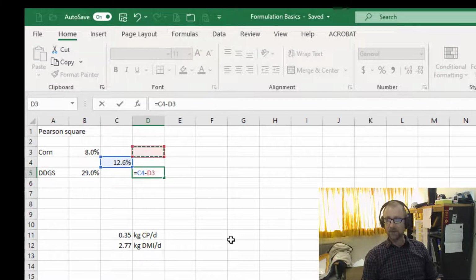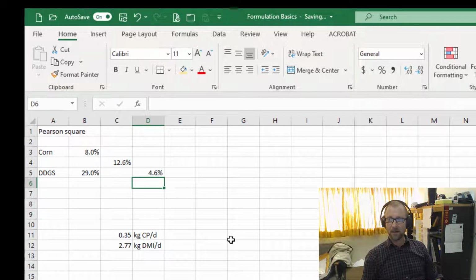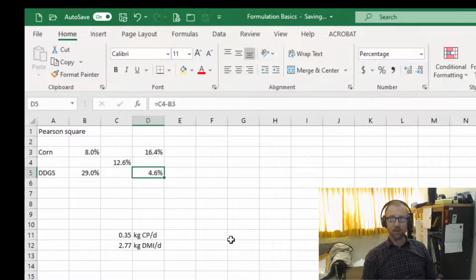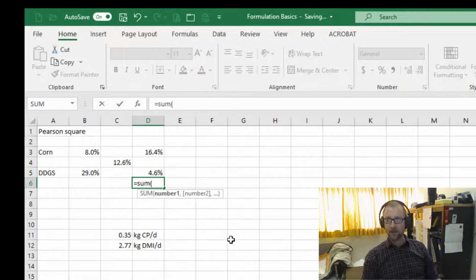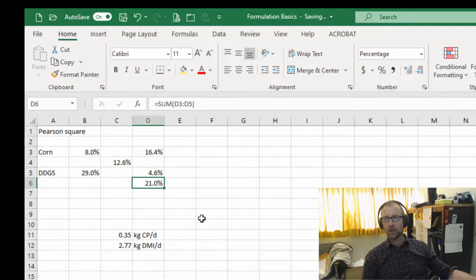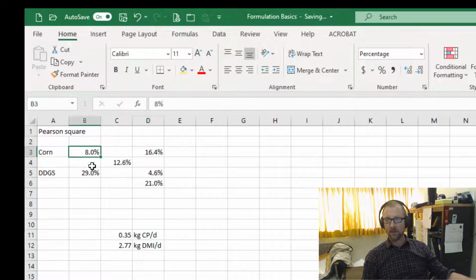And the number for up here is going to be 29 minus 12.6. And so we get these two proportions, these two amounts. What we can do then is add those two amounts up, and I get 21. Just as a quick little check, this 21 should always equal this number minus this number. 29 minus 8 equals 21. Okay, we did everything correctly to this point.